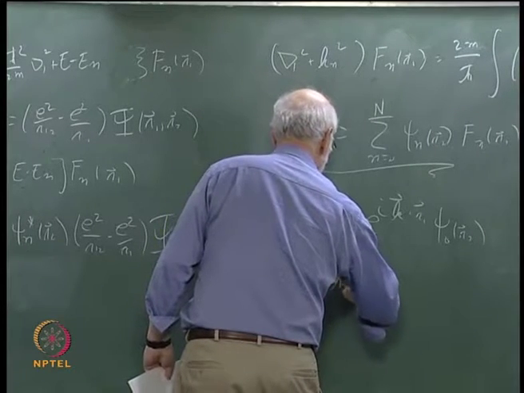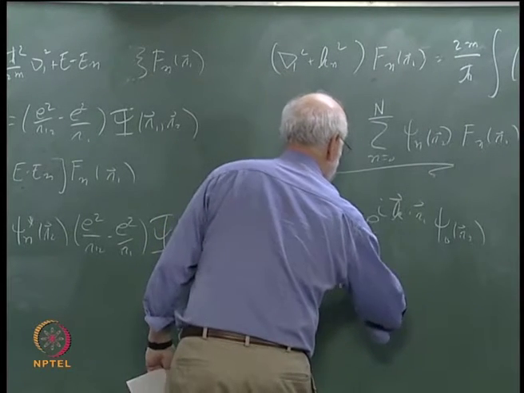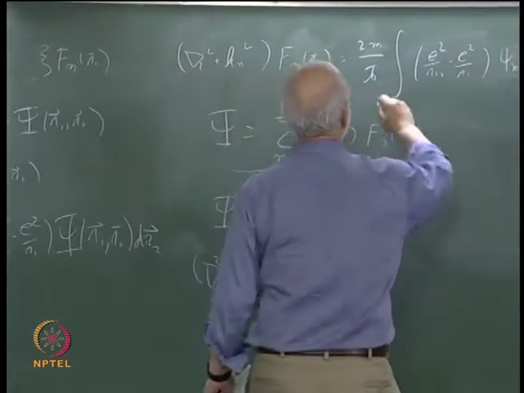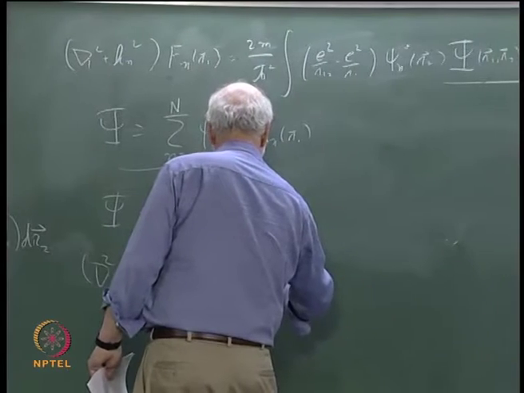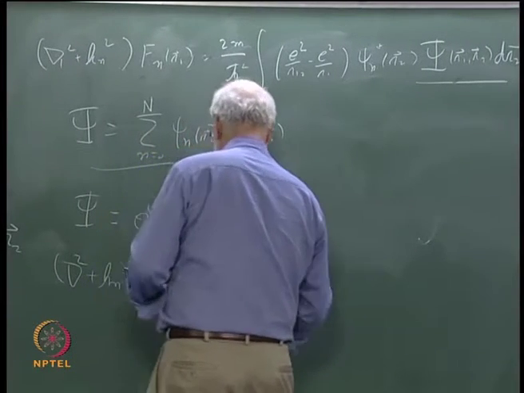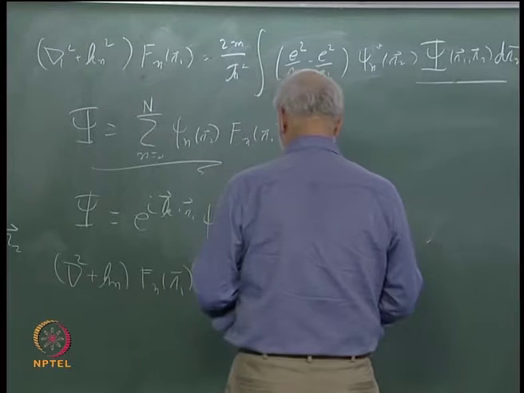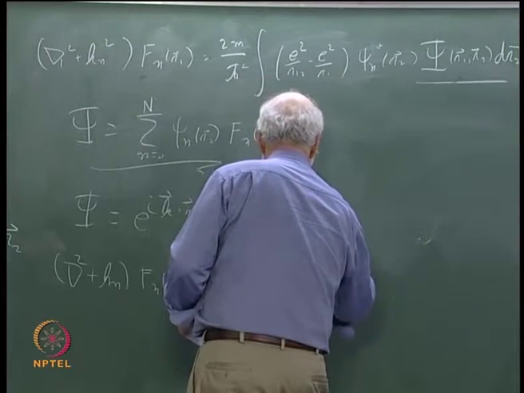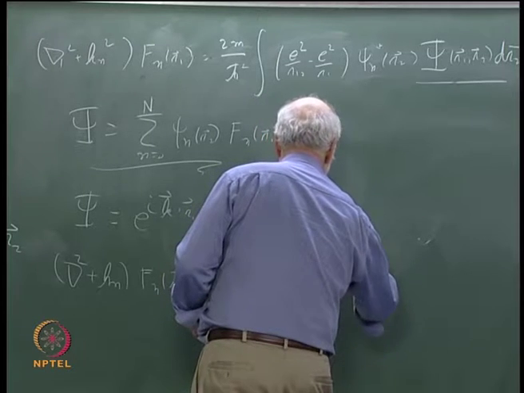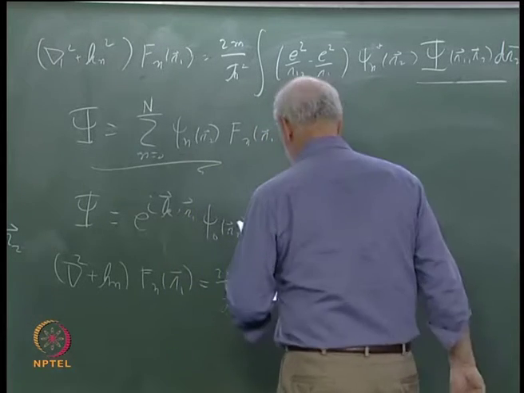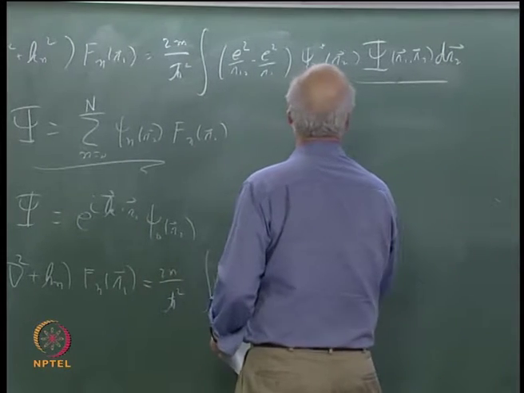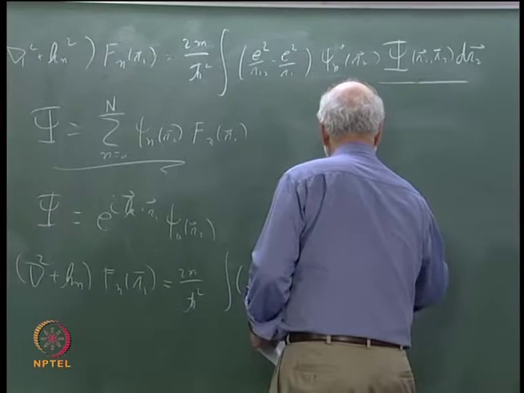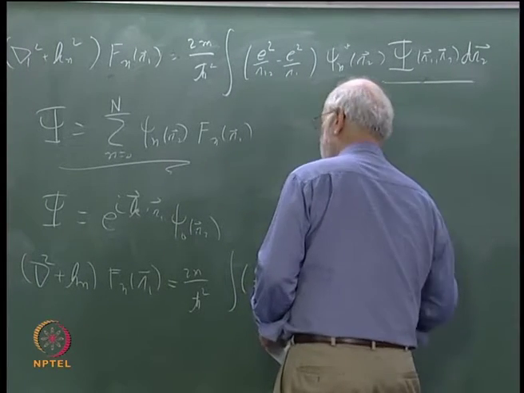Del squared plus Kn squared, Fn of R1 is equal to 2m over h bar squared, the integral of e squared over R12, e squared over R1, e to the I k dot R1.